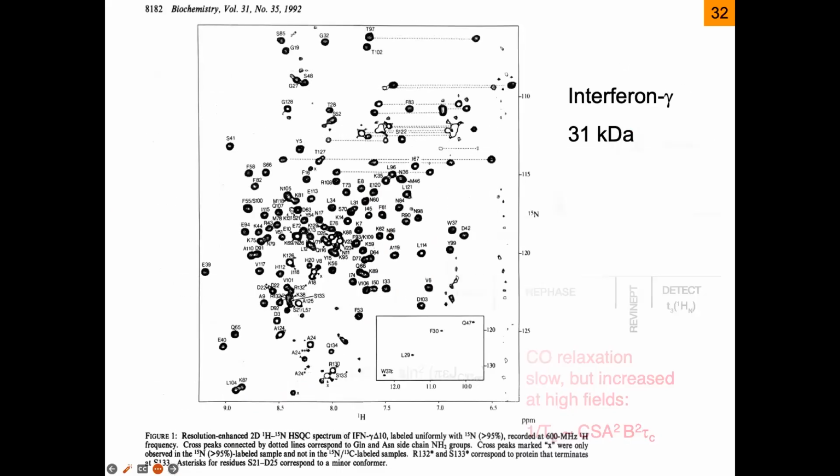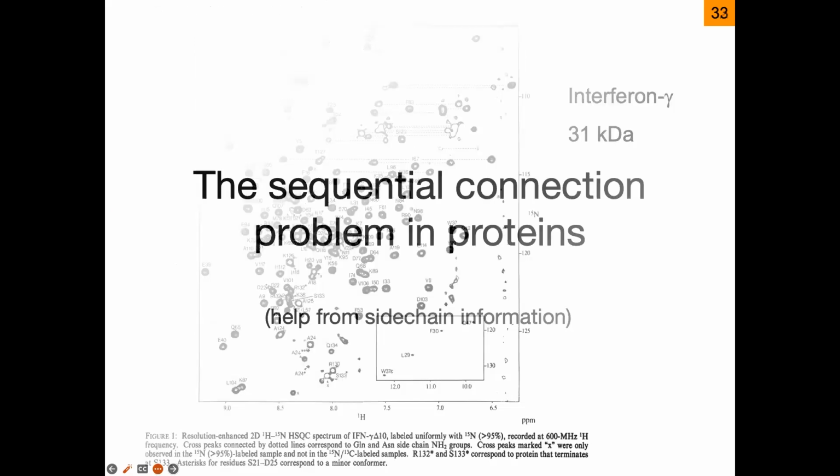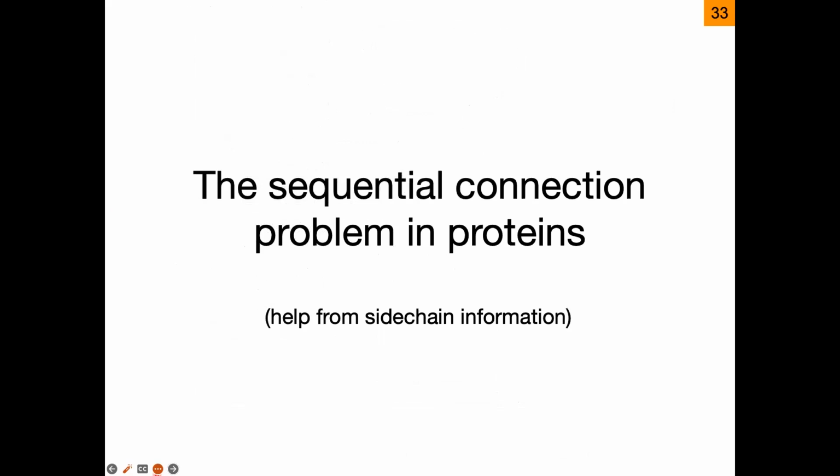Now, with this type of technology at that time, we could assign this, what was a large protein at that time, interferon gamma, just going via the C alpha to the next amino acid. But I want to show you the main problem that was there in the assignment procedure when you do this.